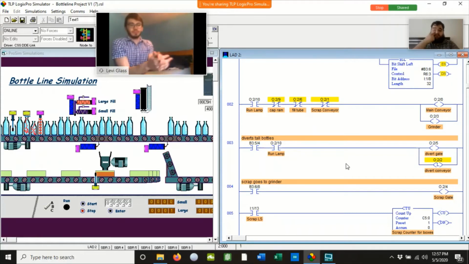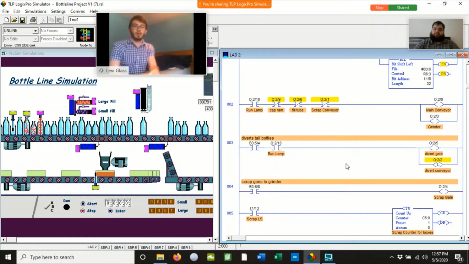Thanks. The next rung, 003, is diverting tall bottles. As you can see on the very left input on that rung, we have it saved as a bit so that when that bit turns to 1, it'll pass power.